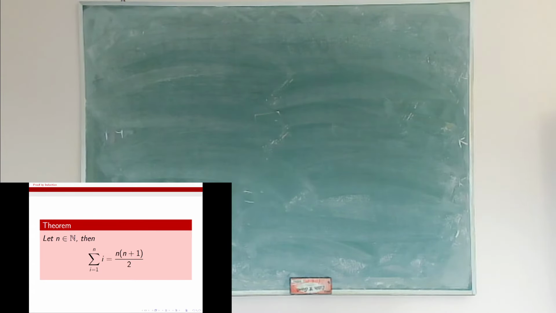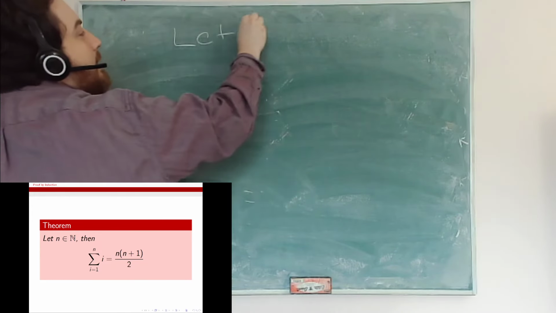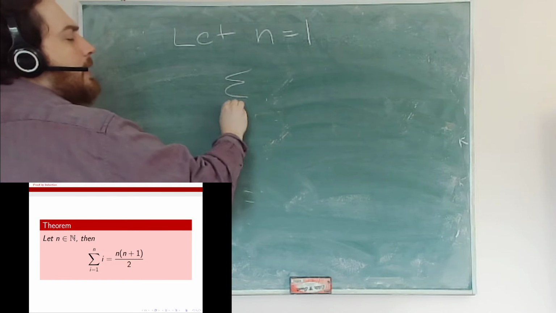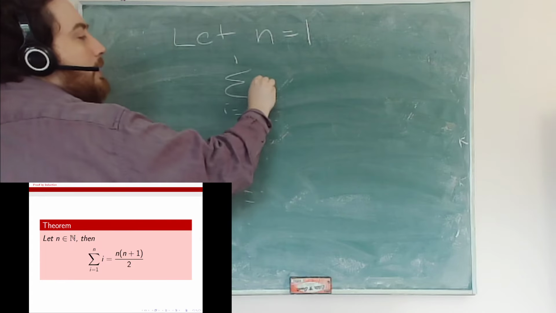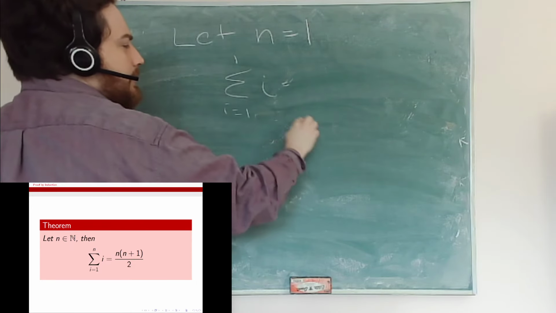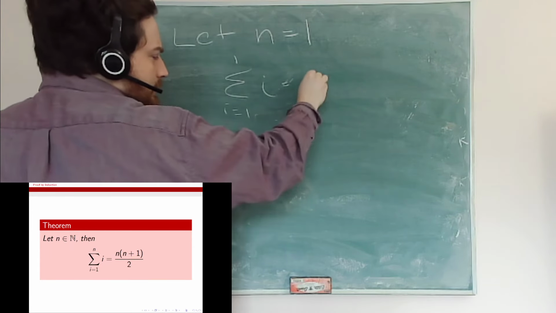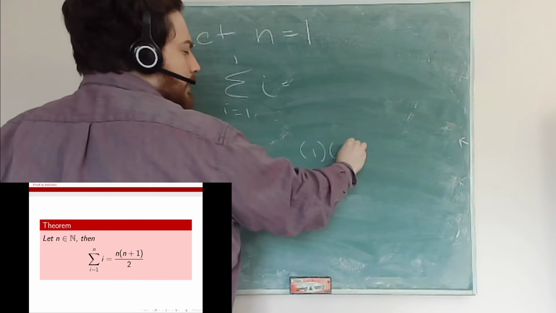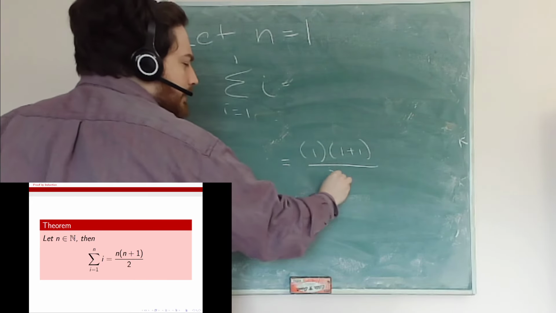All right, so the first thing we want to do is just show the base case. So we're going to let n equal 1. We want to show the sum from i equals 1 to 1 of i is equal to 1 times 1 plus 1 divided by 2.